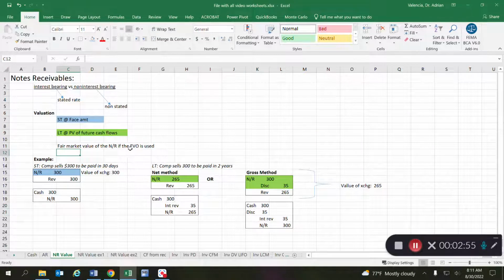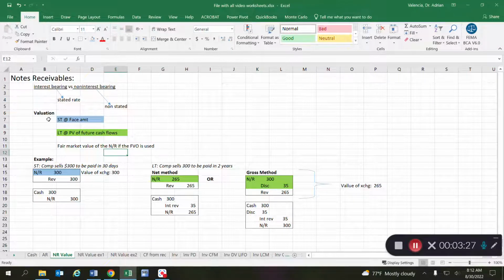So while this is recorded at face amount, and this is recorded at the present value of future cash flows, this would be recorded at the fair market value. At inception, these will probably be the same, but as time passes, you might have to change the value of the note according to changing market conditions, and update the value either up or down if you choose the fair value option.